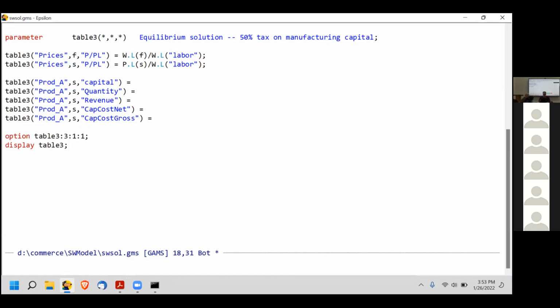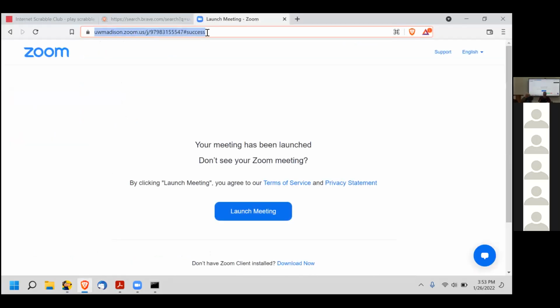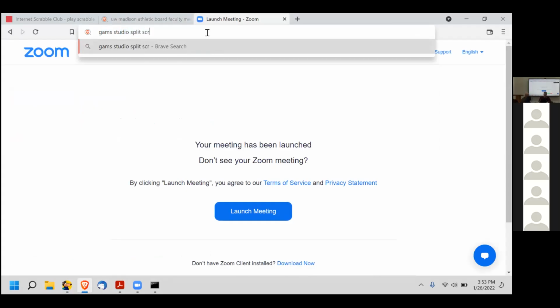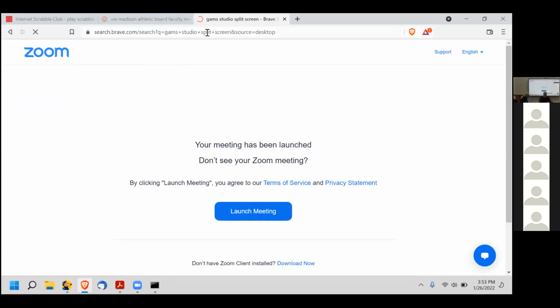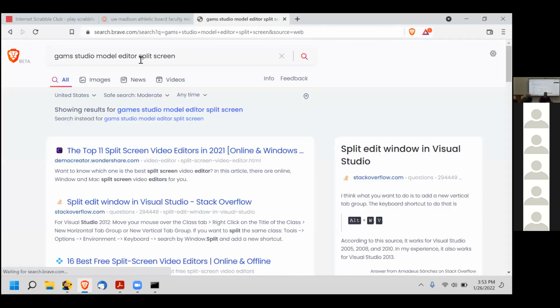Now, I wish I knew, I was trying to see on Google whether you can split screen with GAMS Studio. I don't know if that's possible, I don't know how to do this actually.